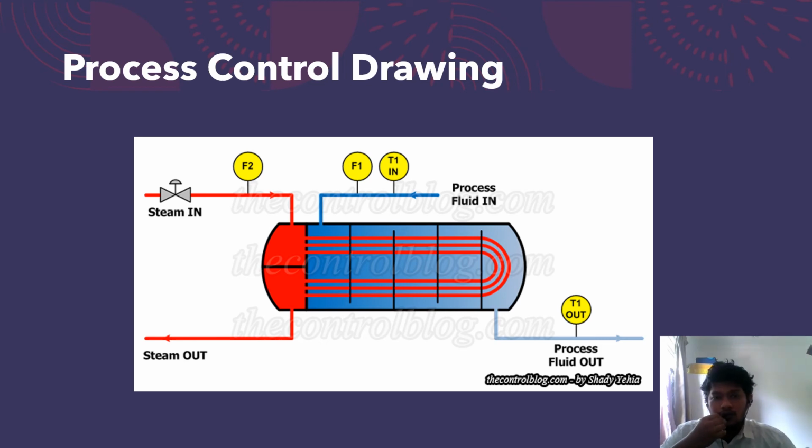So the water that goes in is normal temperature, but as it goes into the heat exchanger, the process fluid out will be the higher temperature, and the steam will go out through the steam out vessel down there.